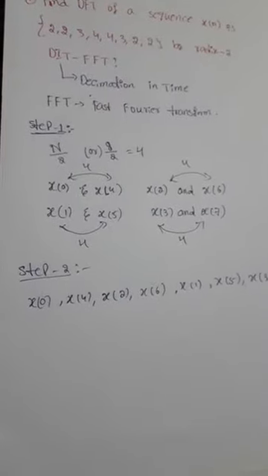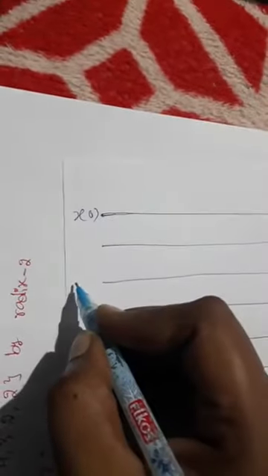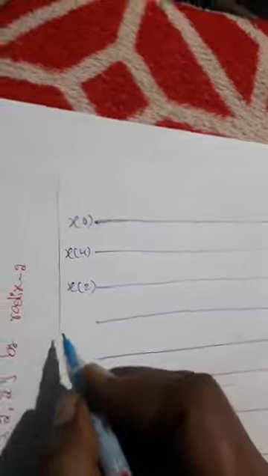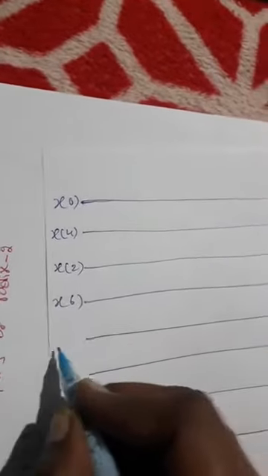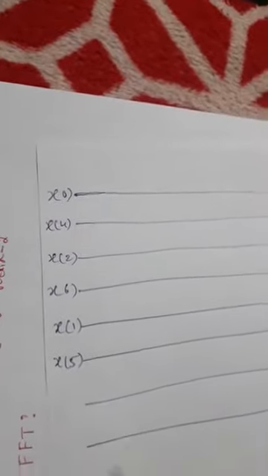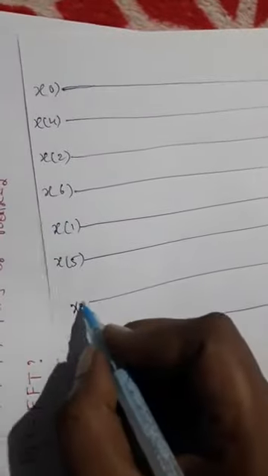And then step 3. Step 3 is the construction part. In the construction part, we will mention the even pairs and odd pairs. The even pairs are x of 0, x of 4, x of 2, x of 6, then x of 1, x of 5, x of 3, x of 7.